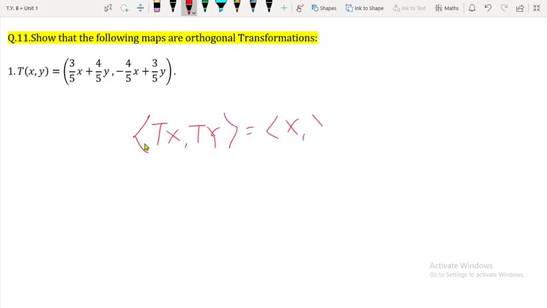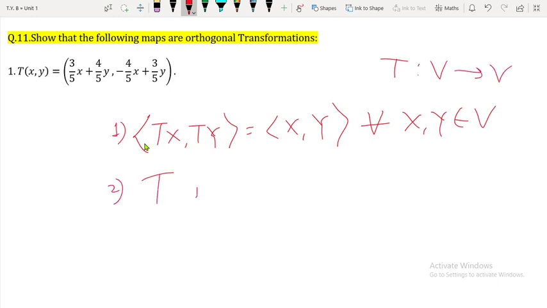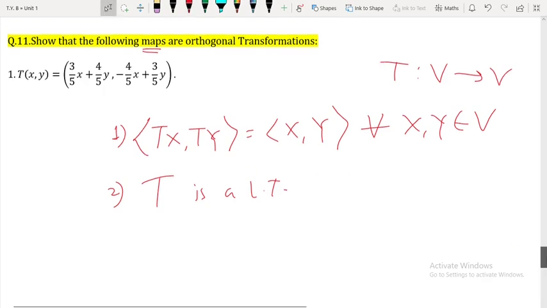Inner product of x with y for all x, y belonging to V, if T is a map from V to V. The first thing, and then second thing, we are supposed to prove that T is a linear transformation, because in the question it is only given that it is a map. This is the one way, but instead of using this method, we are going to go for what?